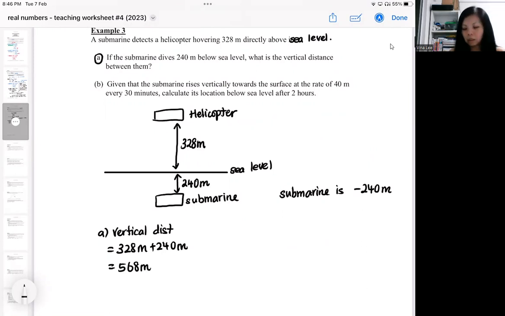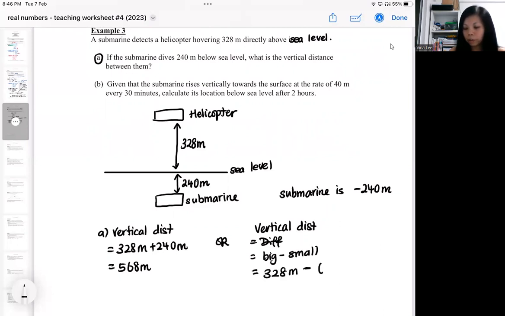But the vertical distance is also something like the difference between the two. So if I think about the difference, it is also like big minus small. The big will be the 328.